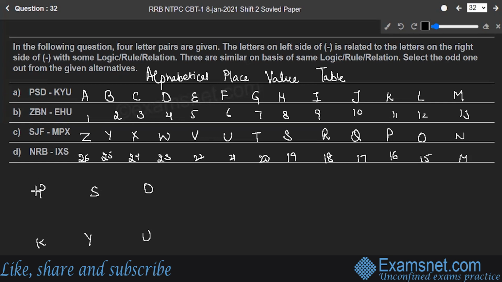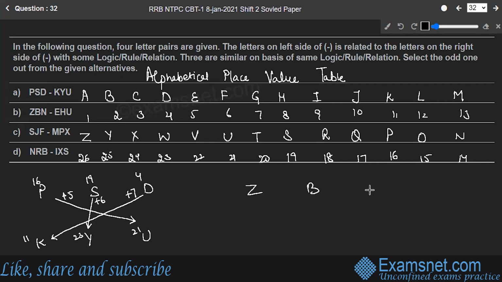P is at position 16, S is at 19, D is at 4. Then K is at 11, Y is at 25, U is at 21. I can't directly find out anything. Okay, one thing: this is plus 5, and plus 6, here is plus 7. Okay, let's try it out with the next one.